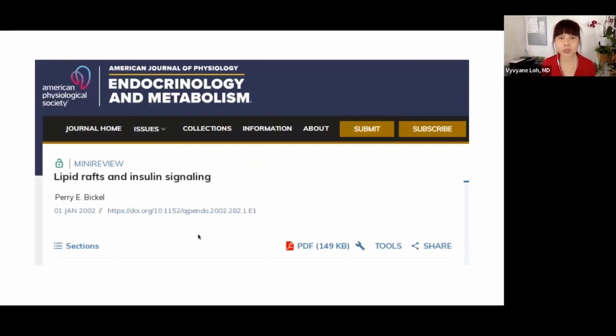And since they were talking about receptors, I thought we'd look at lipid rafts and insulin signaling. This is from Endocrinology and Metabolism 2002, put out by the American Physiological Society. So we've known about how insulin signaling is dependent on lipid rafts.